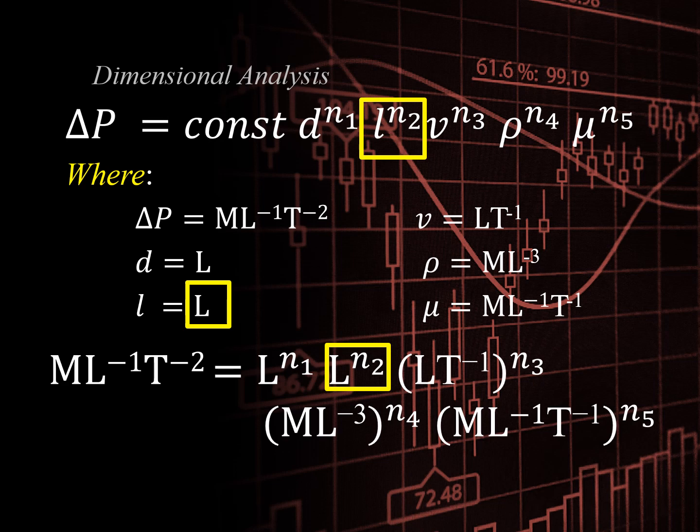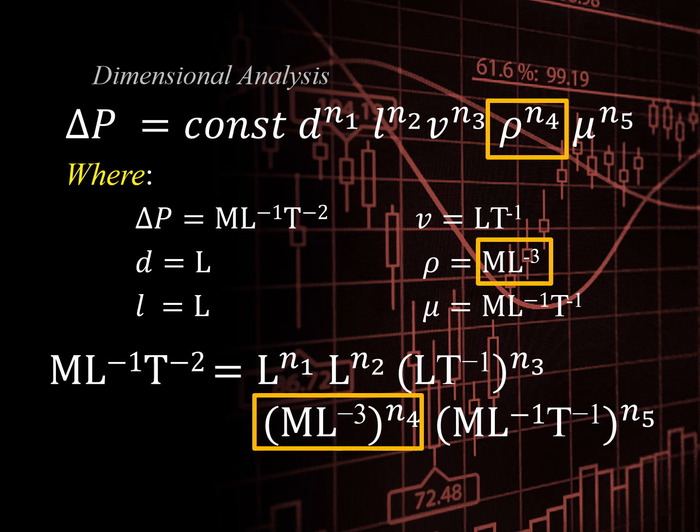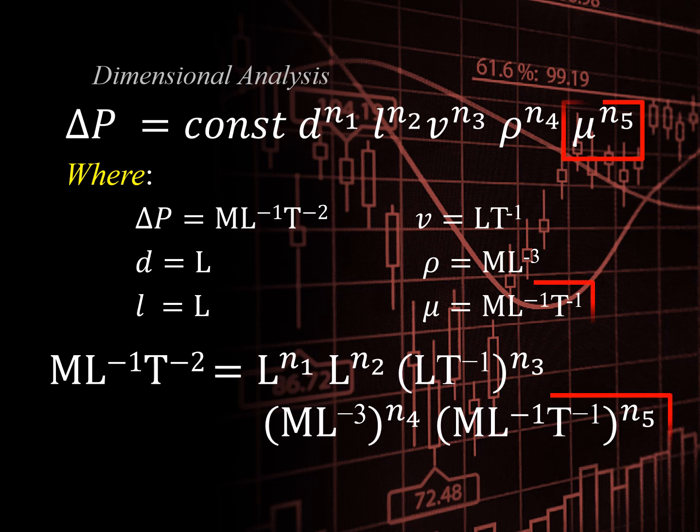Then we have V, which is equivalent to L times T raised to negative 1. And then rho, which is equivalent to M L raised to negative 3. And mu, which is equivalent to M L raised to negative 1 and T raised to negative 1.